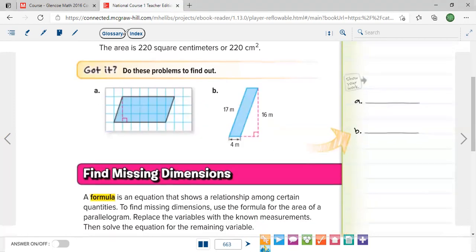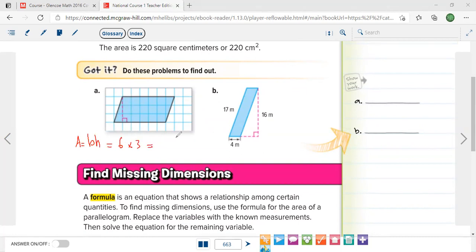Now let's solve these problems together. In problem A, we need to find the area. So area equals BH, base times the height. Let's count the base. How many units in the base? 1, 2, 3, 4, 5, 6 units in the base, multiplied by 1, 2, 3 units in the height.